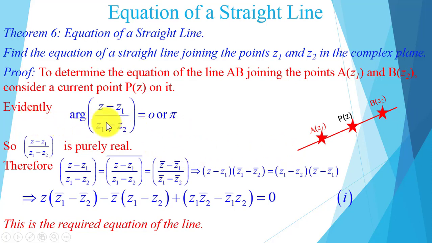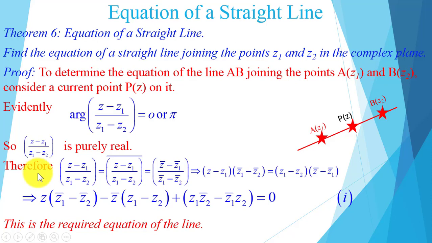Evidently, argument of (z minus z1) by (z1 minus z2) is equal to either 0 or pi. So, (z minus z1) by (z1 minus z2) is purely real.